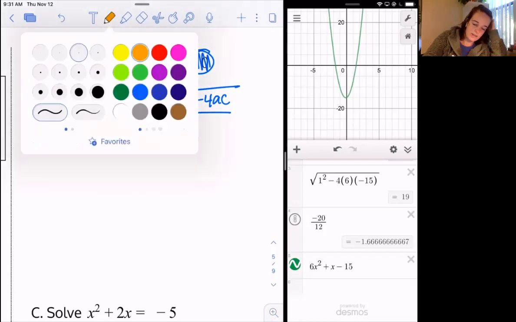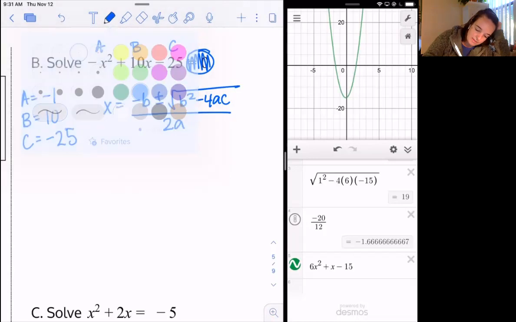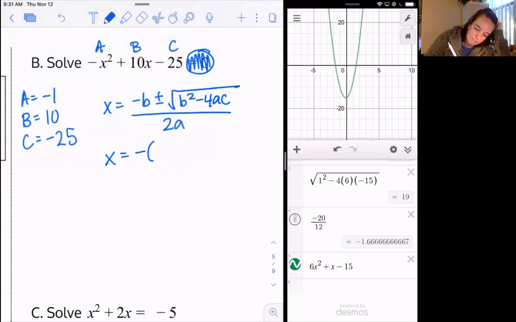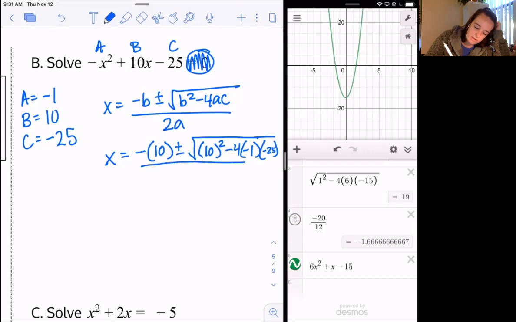All right, so I've got x equals negative b, b is 10, plus or minus the square root of b squared, b again is 10, minus 4 times a, which is negative 1, times c, which is negative 25, all over 2 times a, which is negative 1.